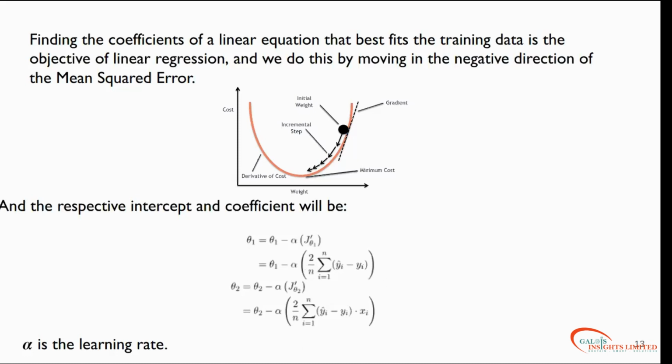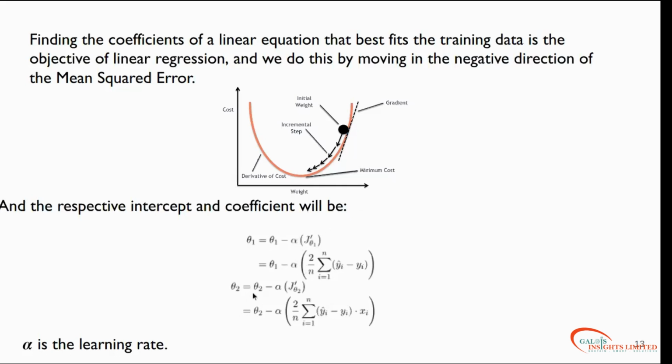It simply determines the strength of the network. So you get a new value, then you take this value and subtract the cost function multiplied by the learning rate, then you get a new value.